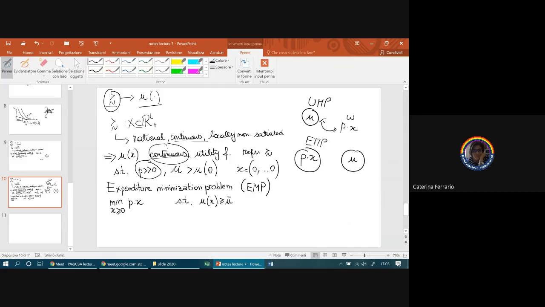So what we are looking for is the minimum level of expenditure, that is of wealth, needed by the consumer, required to attain a certain level of utility.